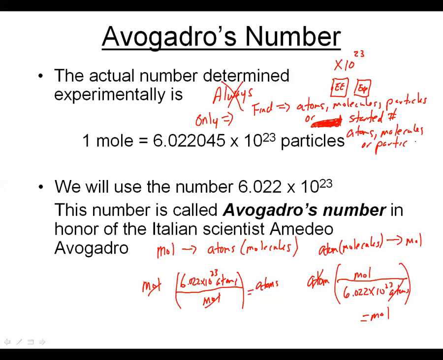So if you don't see any of those keywords, you don't see atoms, you don't see molecules, you don't see particles, then you really should not use Avogadro's number. But if you're given a number that has atoms or molecules or particles, or you need to find a number with those units, then you definitely should use Avogadro's number.